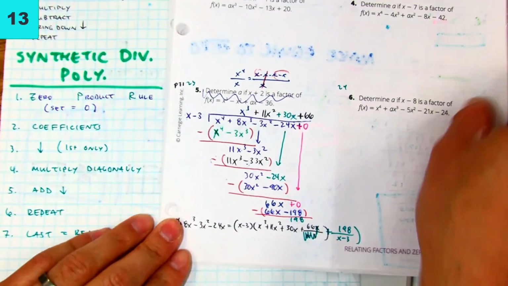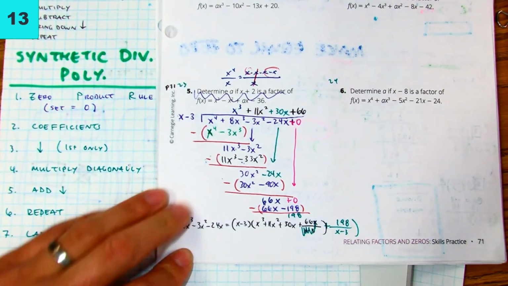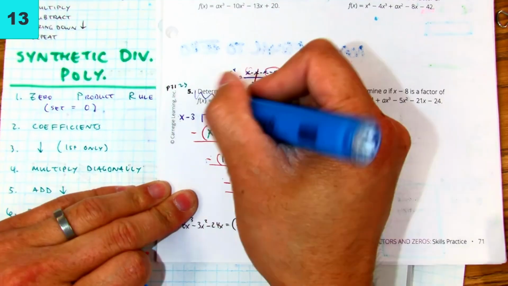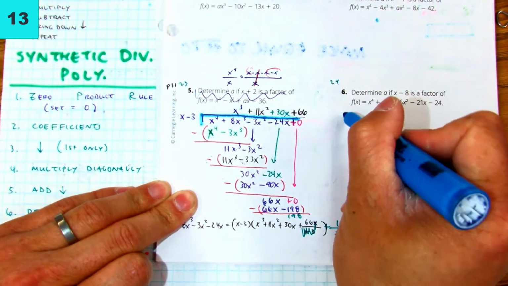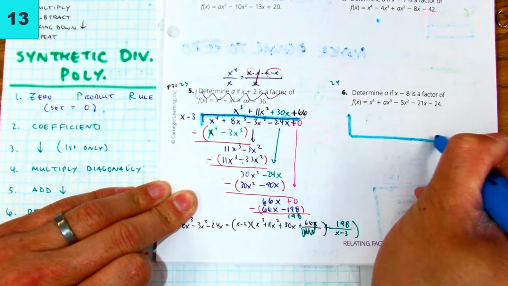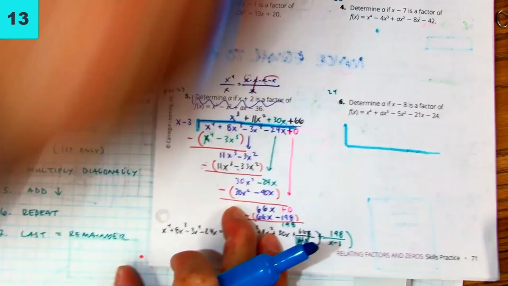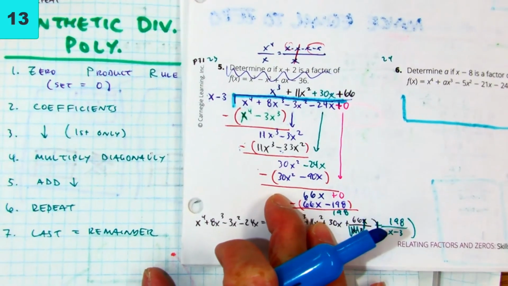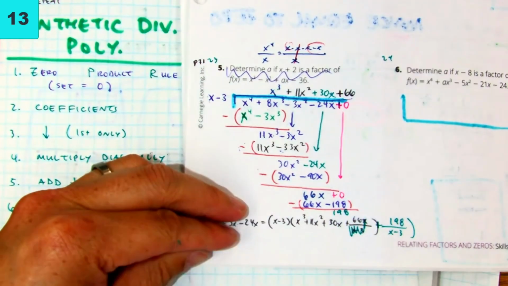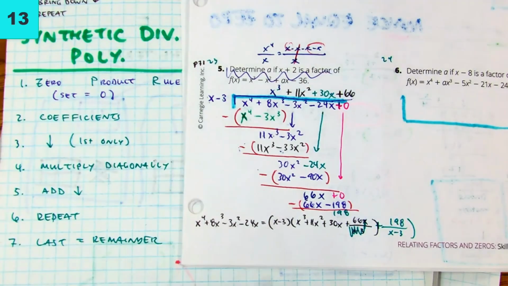And I'm just going to do the synthetic division on this side, okay? So the first thing is this division bar. We turn it now upside down. See if I can zoom in a little bit more. And then step number 1, we're going to apply the zero product rule.